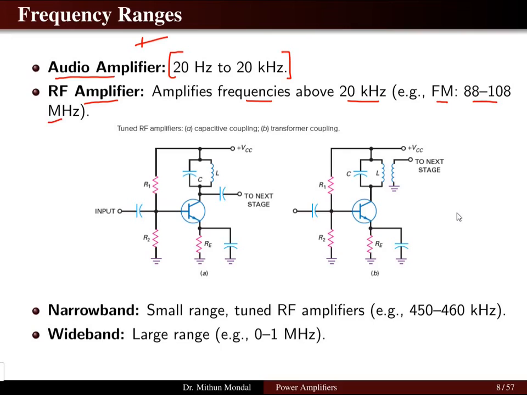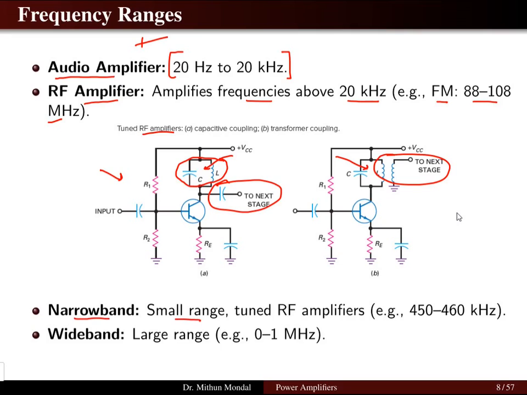Here we can see the tuned RF amplifier circuit, where we can have the LC network used in radio frequency amplifiers. The next stage may have capacitive coupling or transformer coupling depending upon the application, but the LC network is the tuned network used for the RF amplifier tuned circuit.